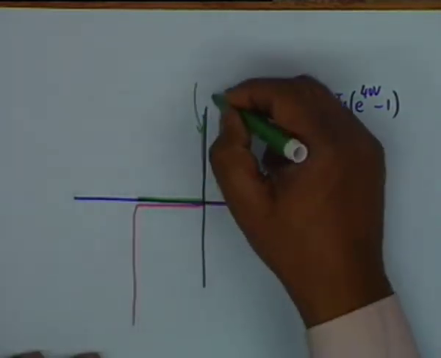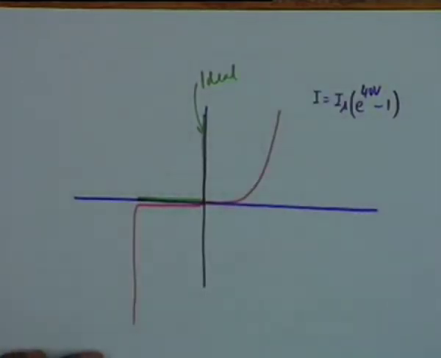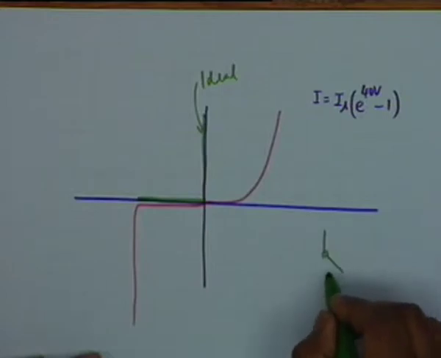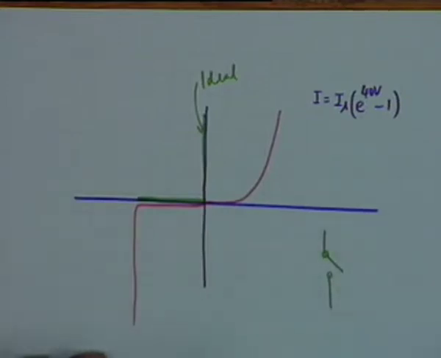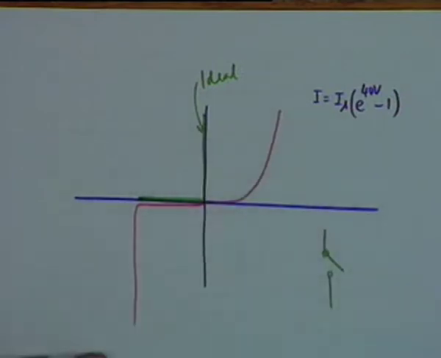So this green characteristic is that of an ideal diode. An ideal diode is like an ideal switch, it is either on or off. When a switch is on, it can conduct any amount of current with a voltage drop of 0. That is what is represented by the green curve.